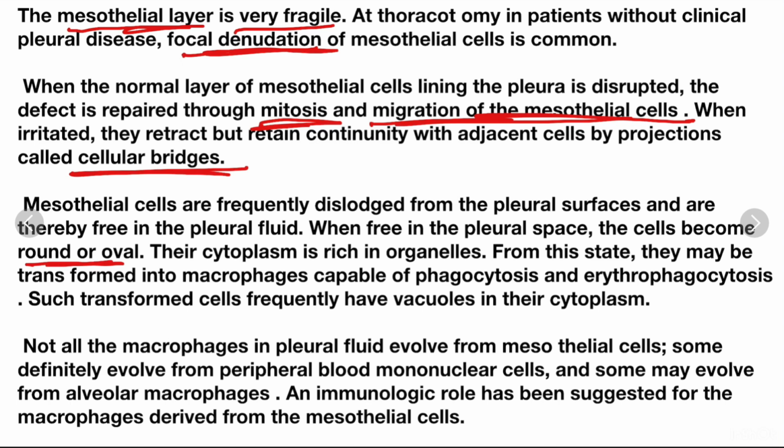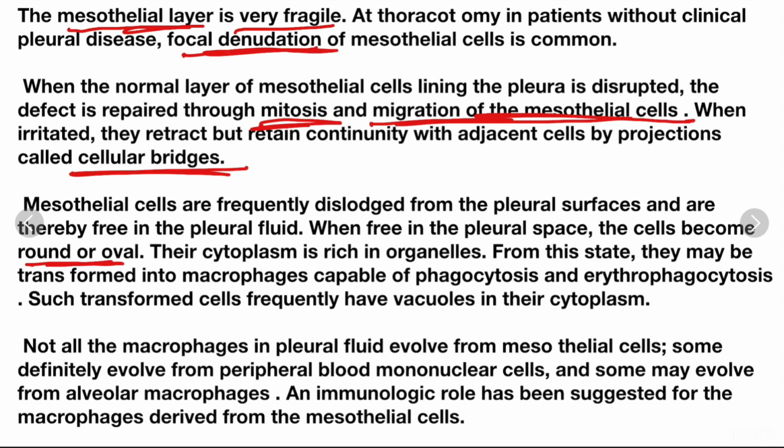In this state, they may be transformed into macrophages, which are capable of phagocytosis and erythrophagocytosis. Such transformed cells frequently have vacuoles in their cytoplasm. Very, very important. Not all the macrophages in the pleural fluid evolve from the mesothelial cells.